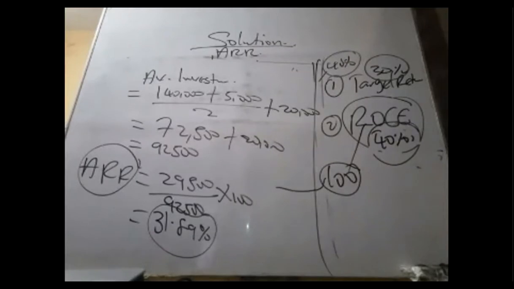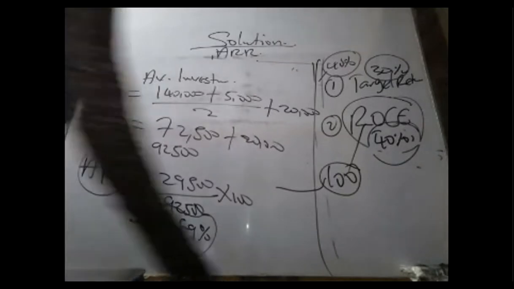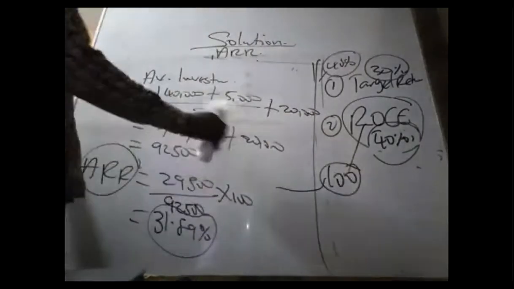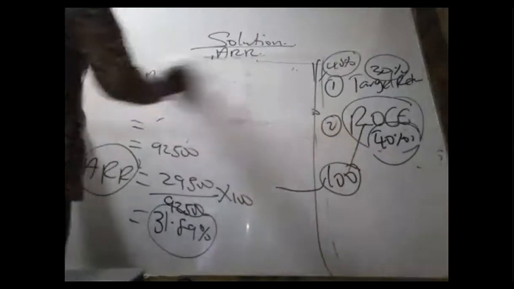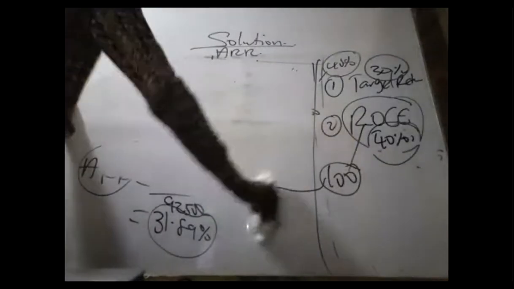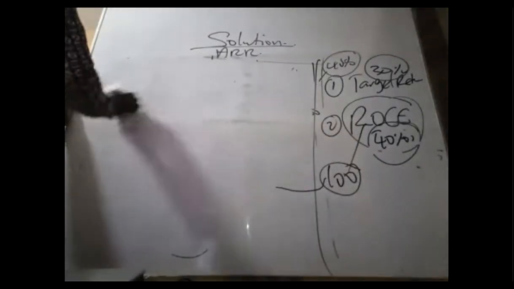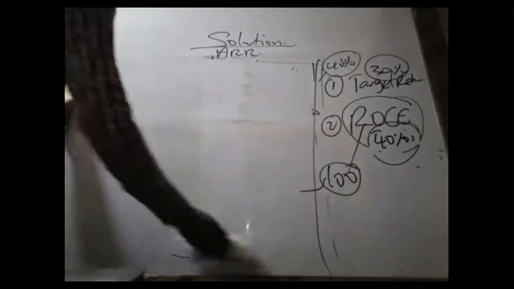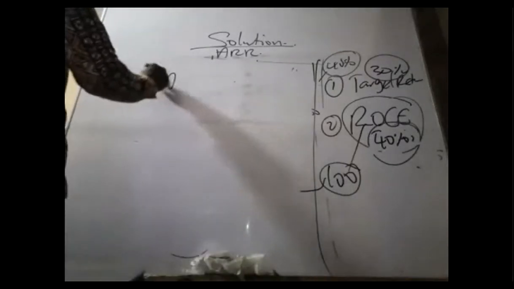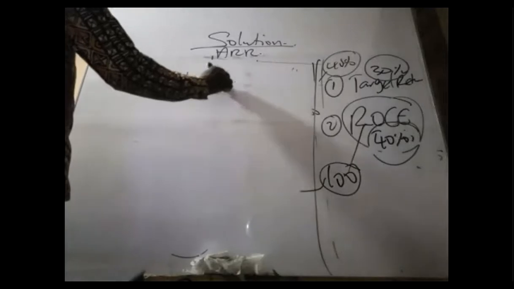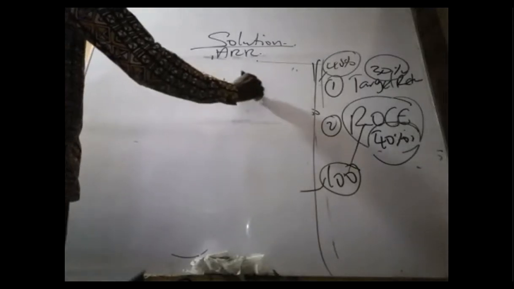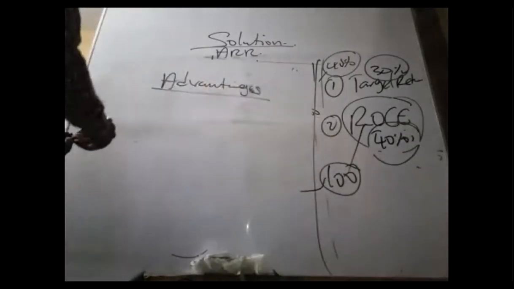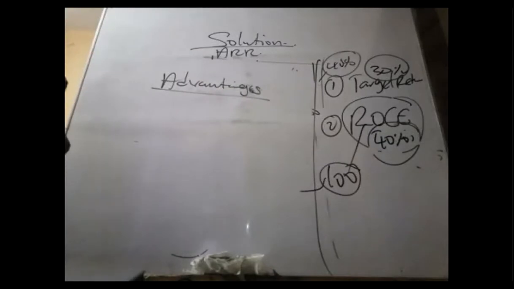Now let's go to the advantages and disadvantages. Let's look at advantages of accounting rate of return.